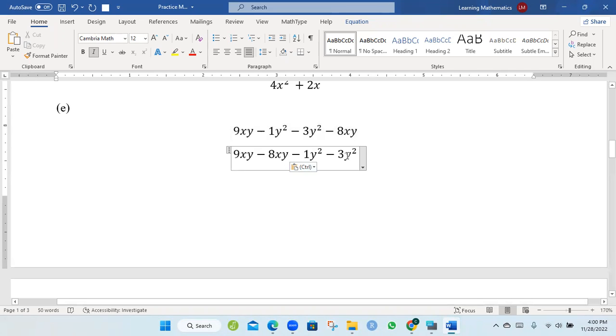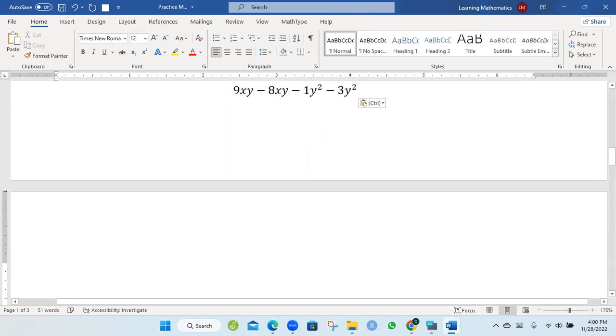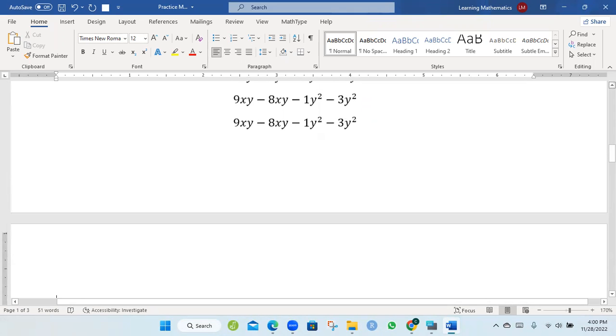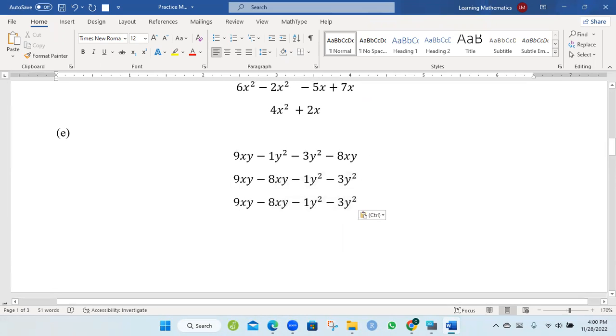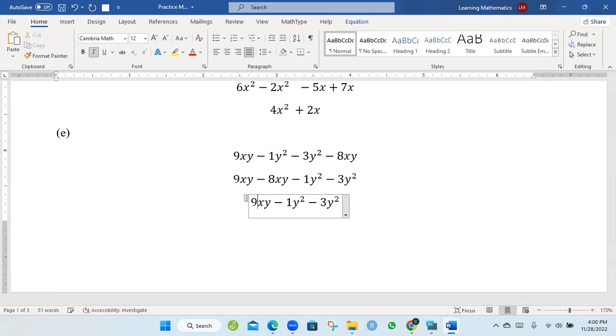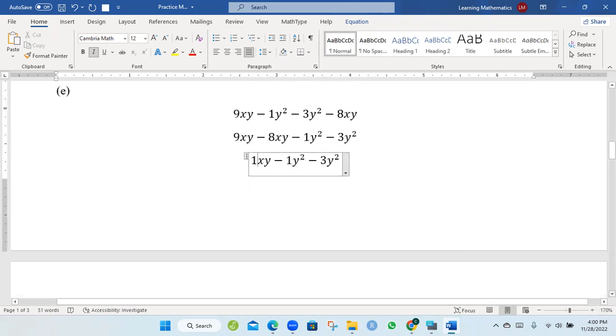So 9xy minus 8xy, we're taking out 8 from 9. So we are left with 1xy, or simply xy. Now put your 1 if you want. And for the y squared, 1y squared towards the left, and 3y squared towards the left.